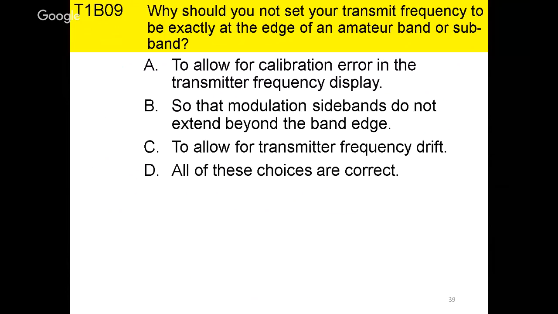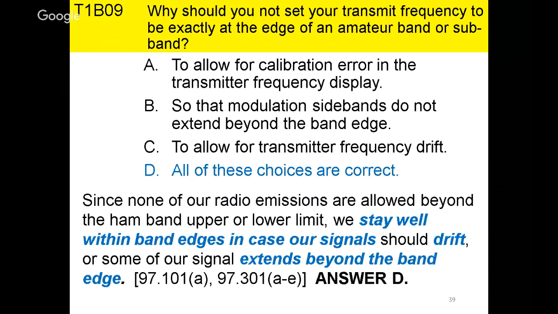Also, when you modulate the signal, if you're too close, the sidebands might extend outside that particular band edge. And again, you want to allow for transmitter frequency drift. So all of these choices are correct.